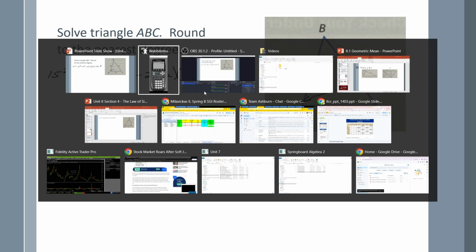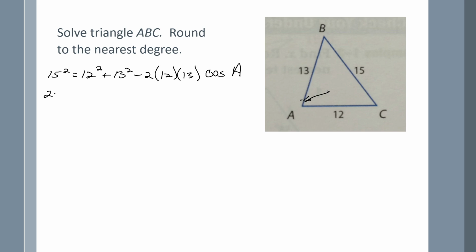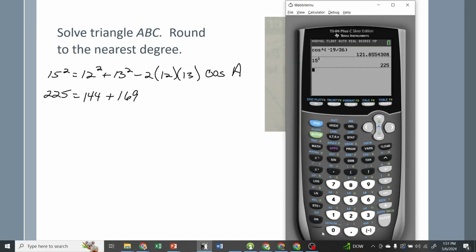So I can take my calculator, and 15 squared is 225, is equal to 144 plus 169, and I'm going to multiply that through with my calculator. So 2 times 12 times 13, I get 312.